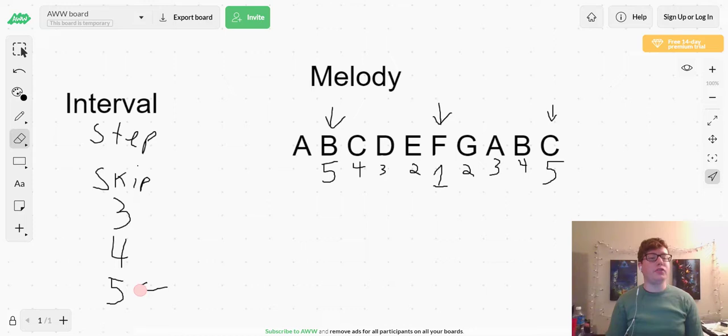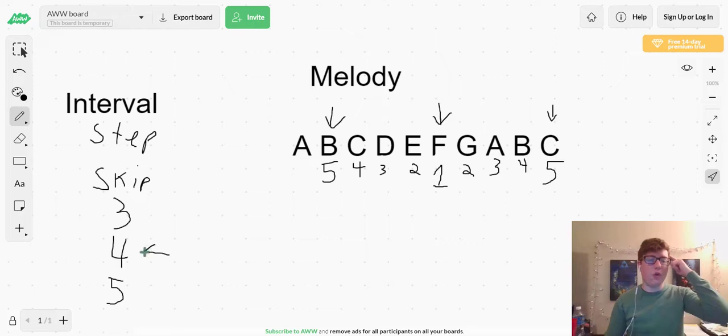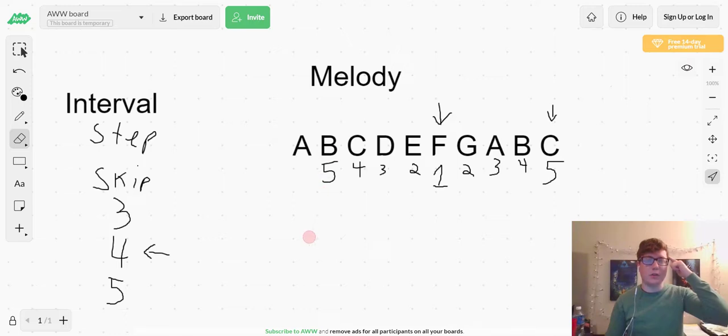So F can go up a fifth to C or down a fifth to B. I'm going to ask you a little bit of a trickier question this time. I'm not asking you for a fifth this time. Using that logic, what would a fourth be from F? Stop and think about it. So for a third, we only counted to the number 3. For a fifth, we counted all the way up to the number 5. What number will we count up to for a fourth? Hopefully it's pretty obvious. We are counting up to the number 4.